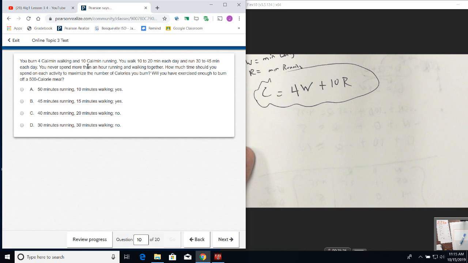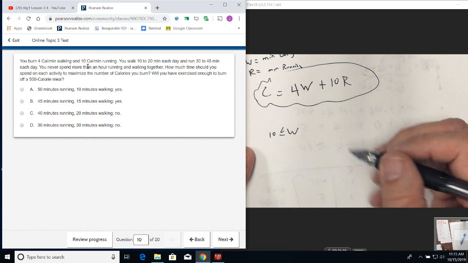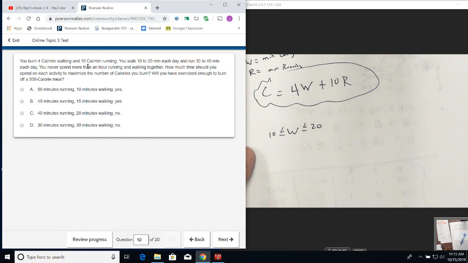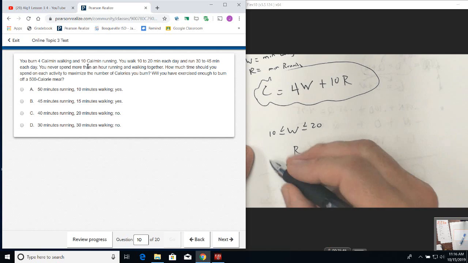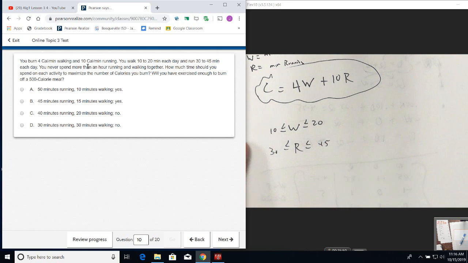It says the time that you spend walking, which is W, is in between 10 to 20 minutes each day. So that's greater than or equal to 10, but less than or equal to 20. That's a restriction on the problem. And the time that you spend running is in between 30 and 45 minutes each day.